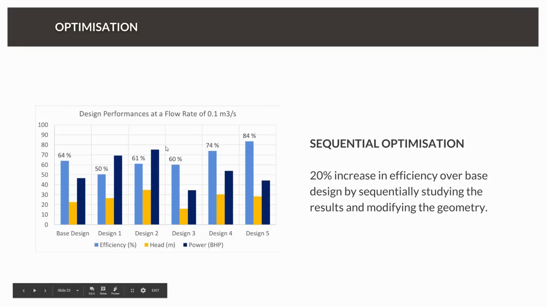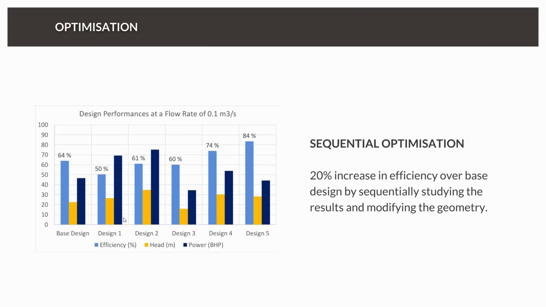Don't forget, power is a rotating speed multiplied with the moment. And we can see that design change 1 massively increases the power, and design 2 further increases it. And then design 3, 4, and 5, it starts to drop again.